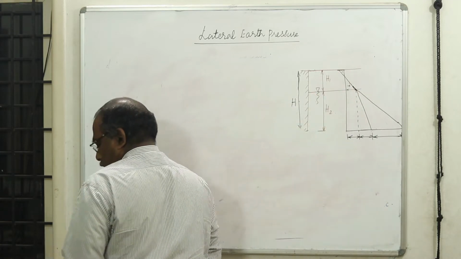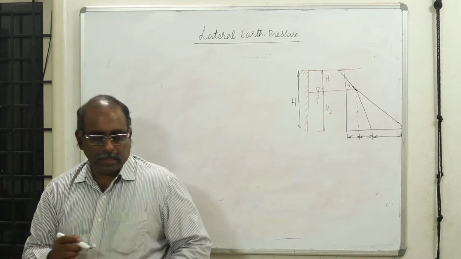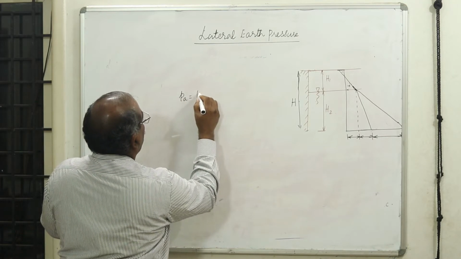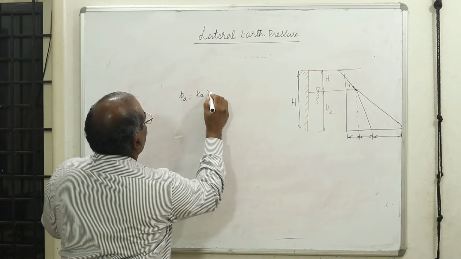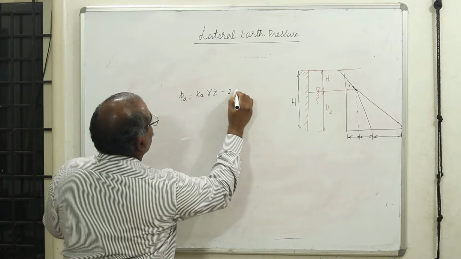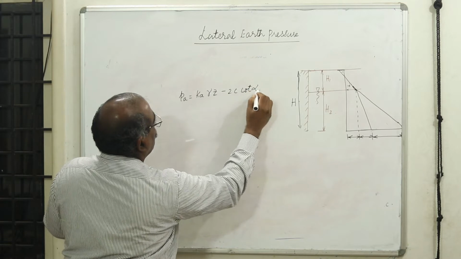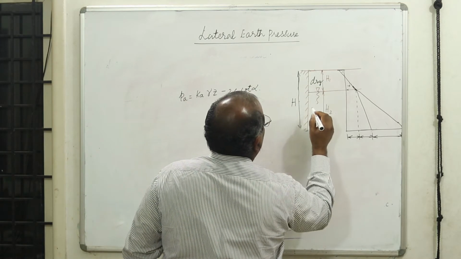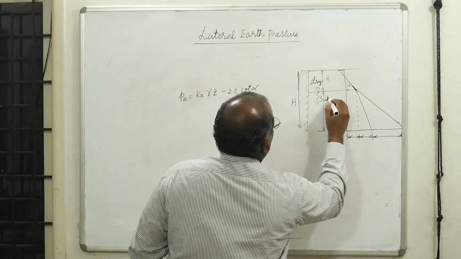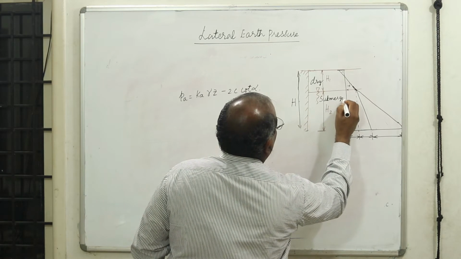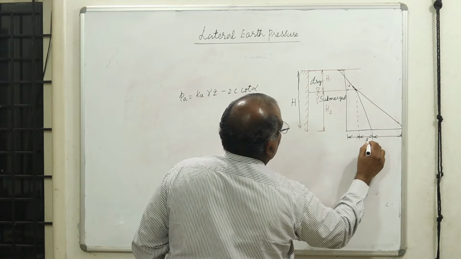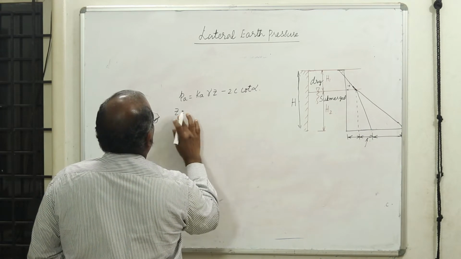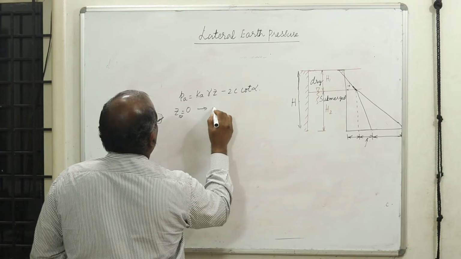Now we can use the expression PA is equal to Ka gamma Z minus 2C cot alpha. Now this is dry soil, this is submerged. Now when Z is equal to 0, what happens to the PA?